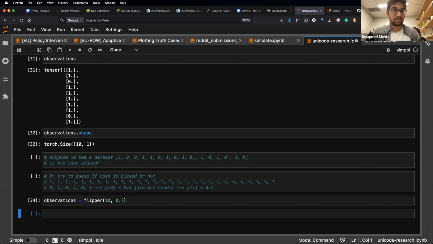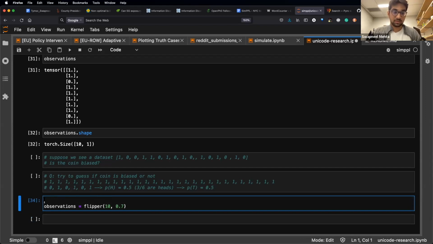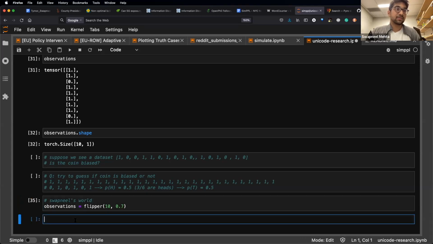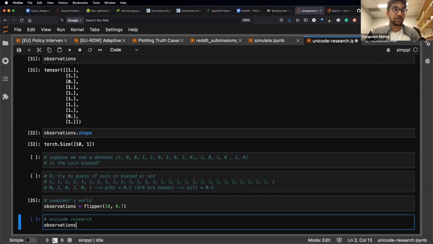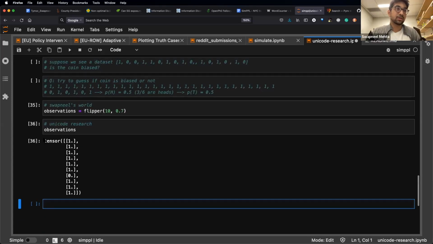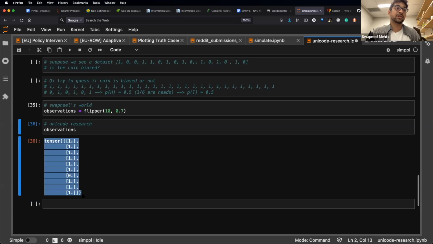Let's rewrite these observations. Now suppose this is the world, or let's say this is Swapneel's world. And I give this data to Unicode Research, which gets the observations. And all Unicode Research can do is see that, oh, this is the observation that Swapneel gave me.